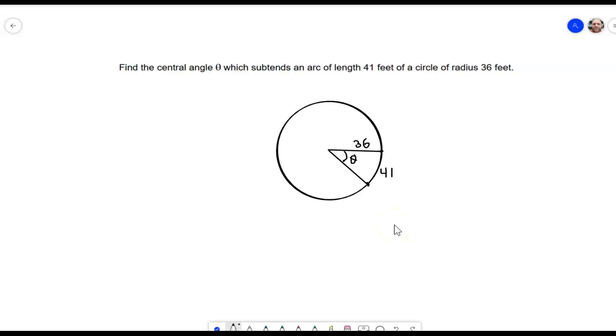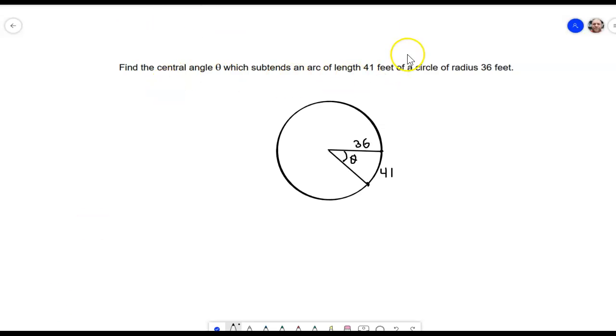Now, in the book it's on page 367. Remember, when we're doing arc length, angular speed, and the other one, the linear speed, these are all going to be in terms of radians, so we have to keep that in mind.